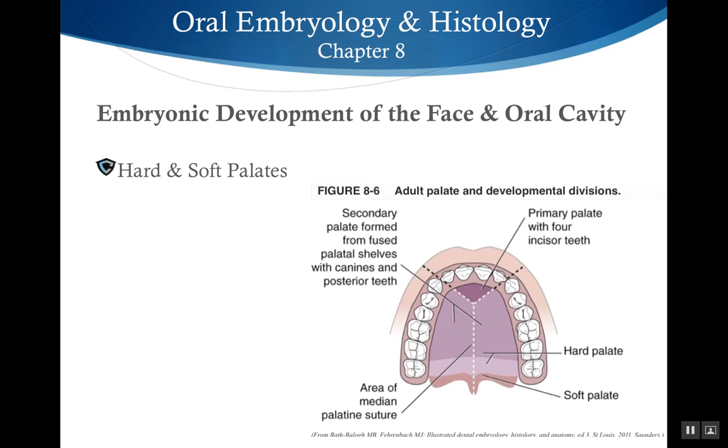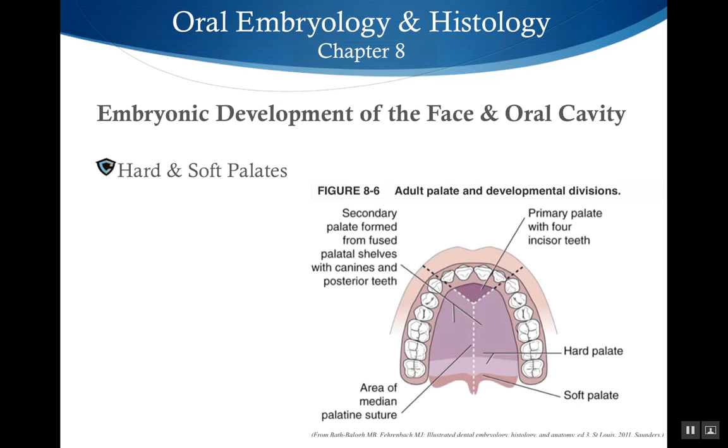The third stage is the fusion of the primary and secondary palates, which occurs during the 9th week, but it's usually not completed until the 12th week. And so, as you can see here, the fusion of those, that's what makes that Y-shaped pattern that you see on the roof of the mouth, which is visible in infants. Okay, but as those bones continue to fuse, that Y shape is no longer visible.